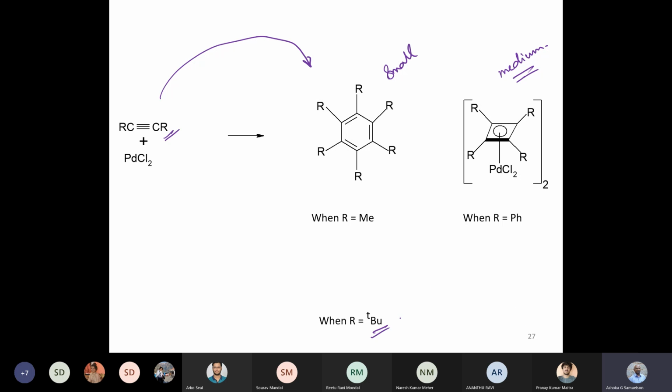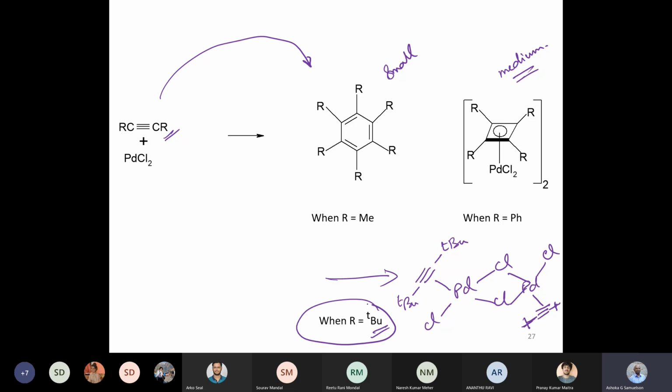And if I have a tertiary butyl unit, I end up with a complex like this, which seems to indicate that that's the first step in the reaction.